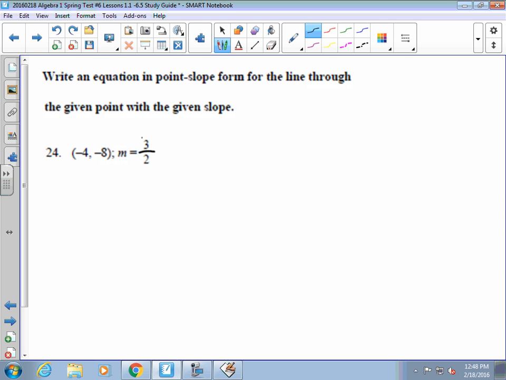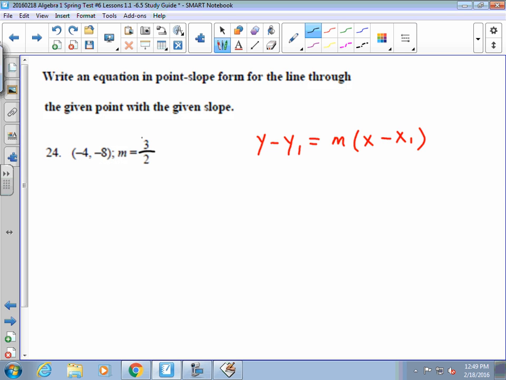24 says write an equation in point slope form for the line through the given point with the given slope. So remember, point slope form is y minus y sub 1 is equal to m times x minus x sub 1. It's been a long time since we looked at this. You're given the point and you're given the slope.